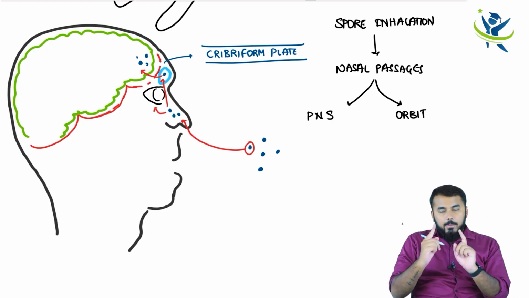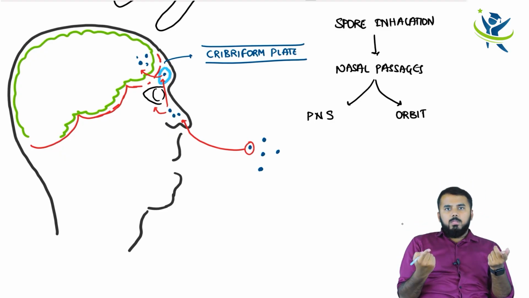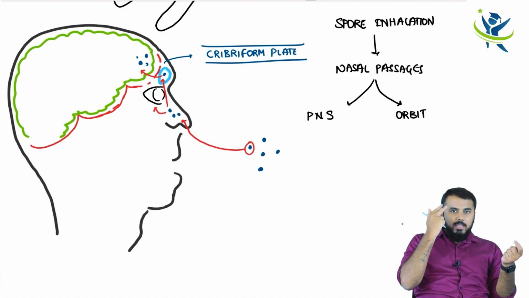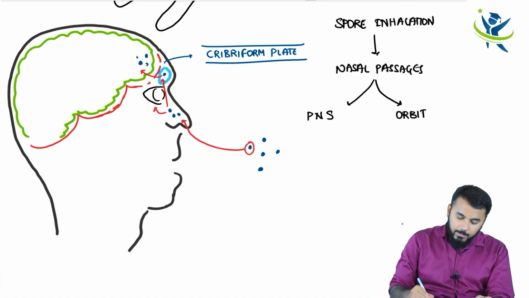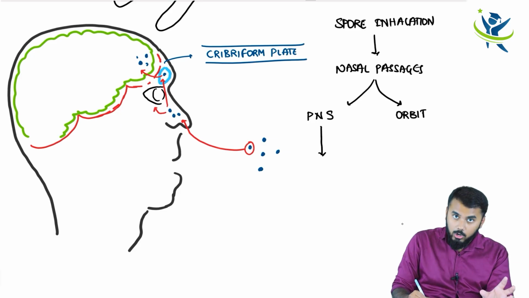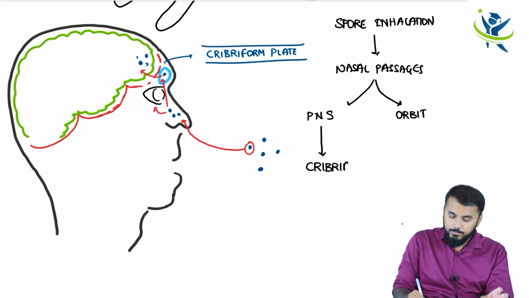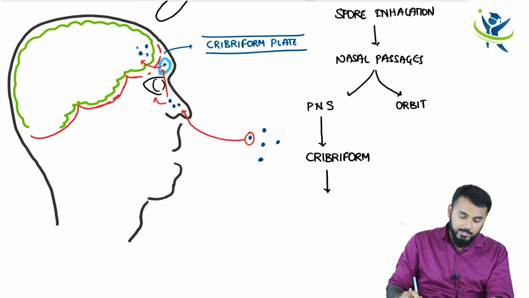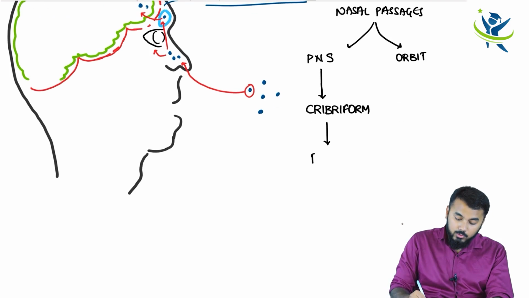If they enter the paranasal sinuses, the infection will be in the paranasal sinus. If they enter the orbit, the entire eye will become black because it will infect the entire eye. Now, from the paranasal sinus, the infection will enter the brain cavity, mainly the frontal lobe, through the cribriform plate, and cause a frontal abscess.